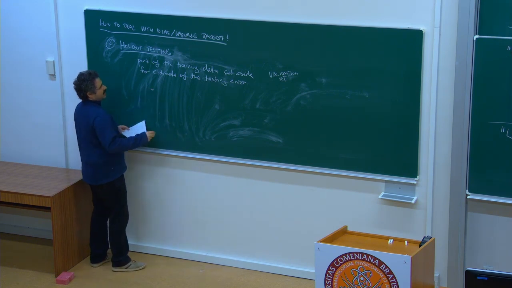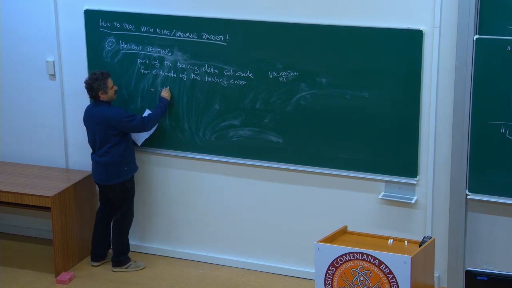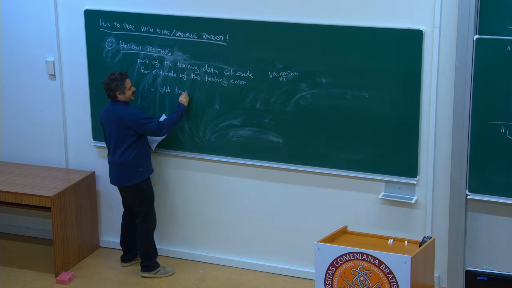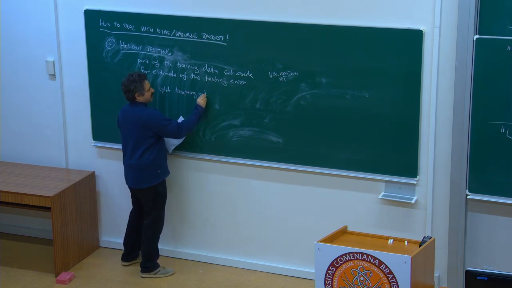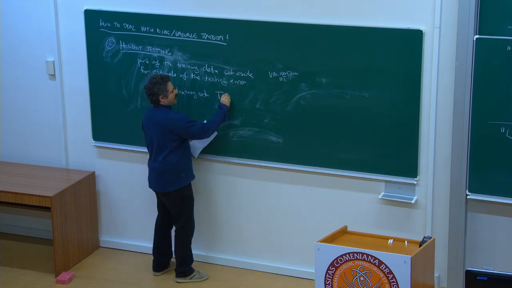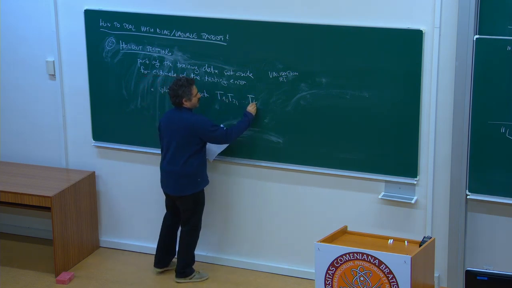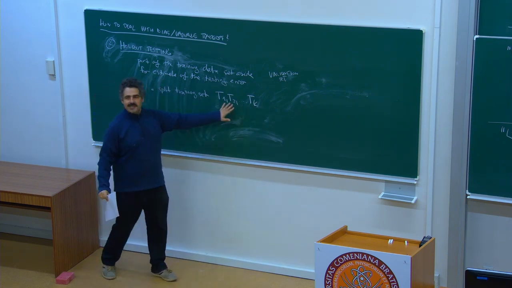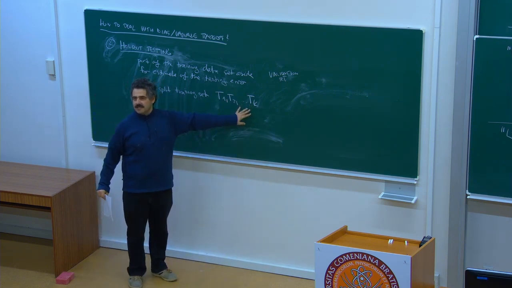The idea is that we split the training set into, let's say, some k sets T1, T2, up to Tk. Each of these is equal sized. Okay?